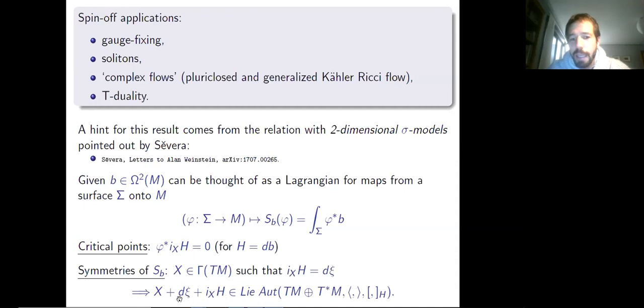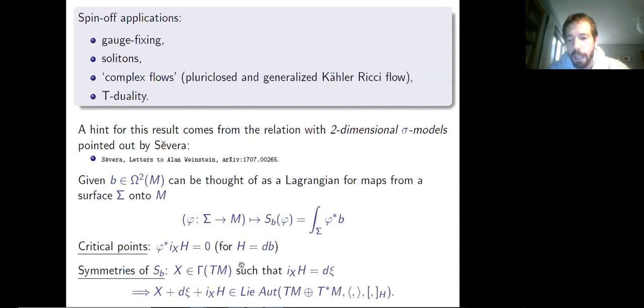So if I take d of this part, what this is equal to is the Lie derivative of H with respect to X, right? If you take d of this two form, dg plus ixh, you take a stereo differential, and you just obtain the Lie derivative of H with respect to X.